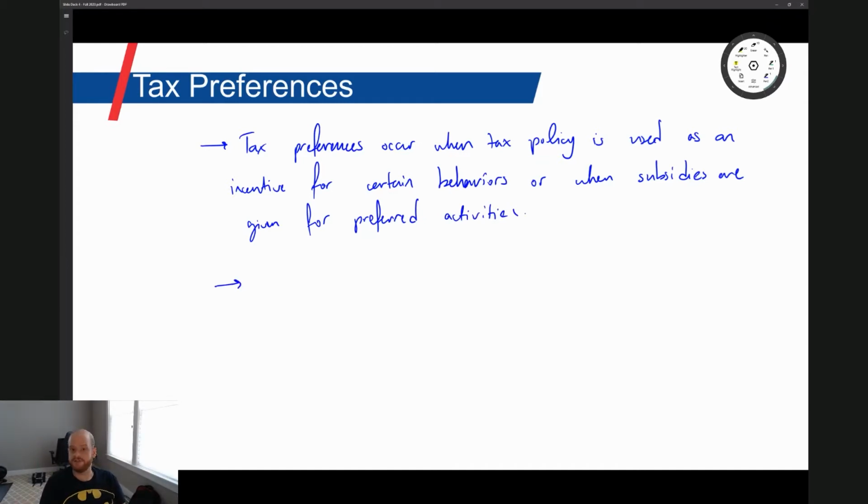So through tax preferences, we want to encourage certain behaviors, or we want to provide subsidies for certain activities.